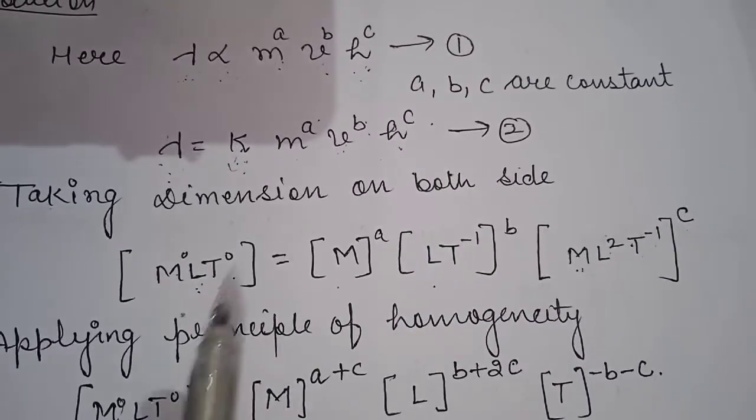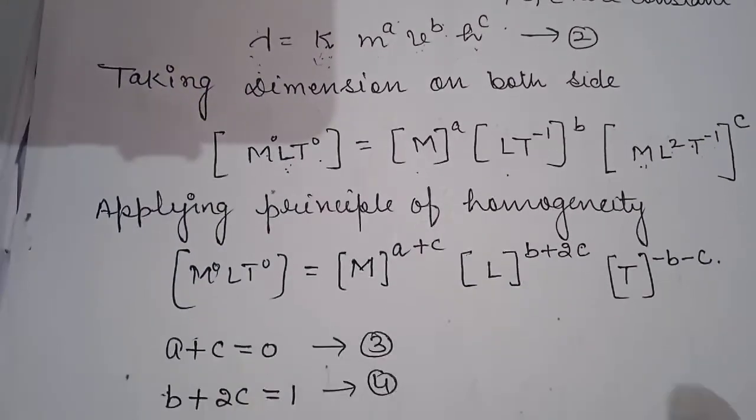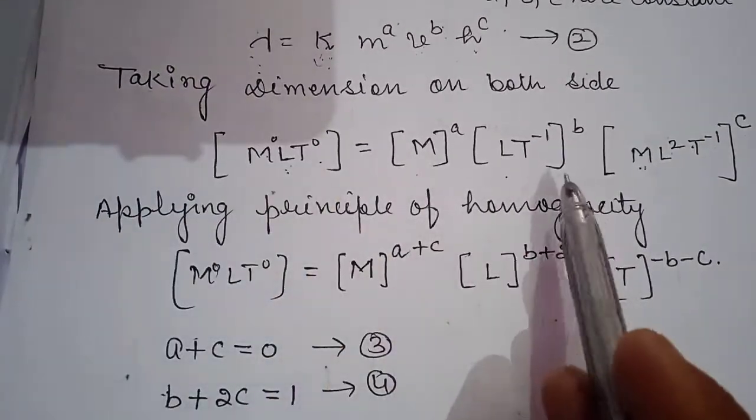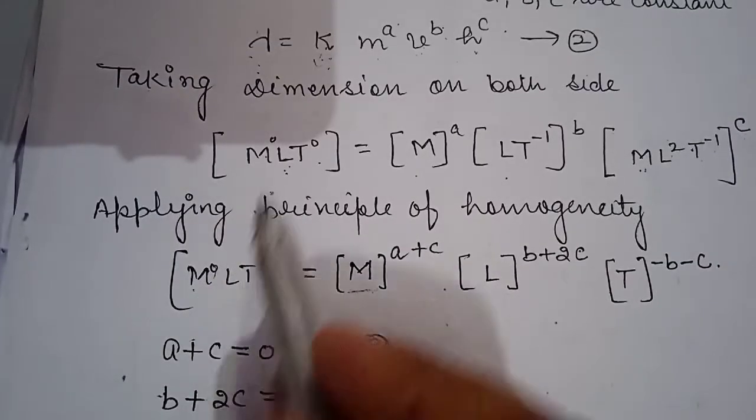Now we apply the principle of homogeneity: if we have a physical relation, then the powers of the dimensions on both sides of the relation must remain the same. First we separate the powers.